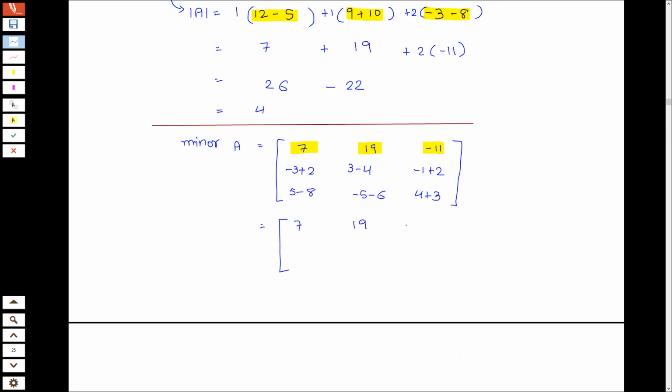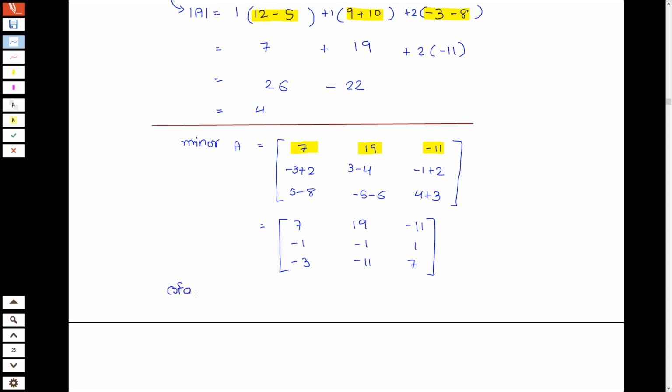7, 19, minus 11, minus 1, minus 1, 1, 5 minus 8, minus 3, minus 11, and 7. So I got this minor matrix. You can also confirm.